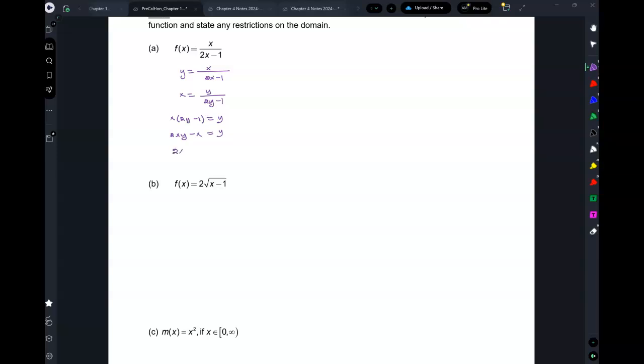Bring the y over, x to the other side, take out the y. So then y equals x over 2x minus 1. I rewrite this as f inverse of x is equal to x over 2x minus 1.